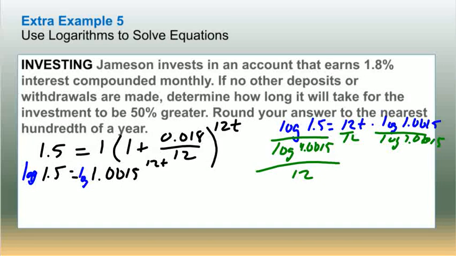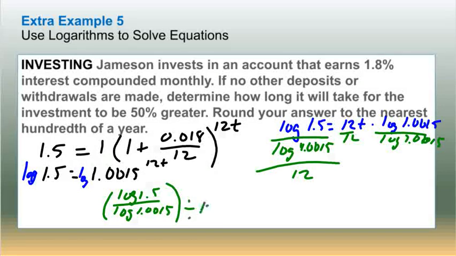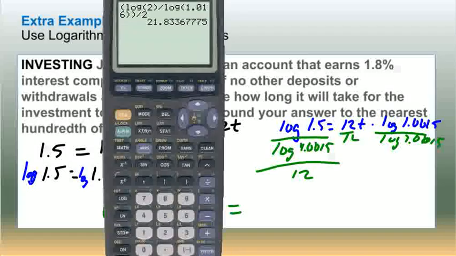So on my calculator, I'm going to have parentheses log of 1.5 divided by the log of 1.0015, divided by 12. So we grab our calculator again.